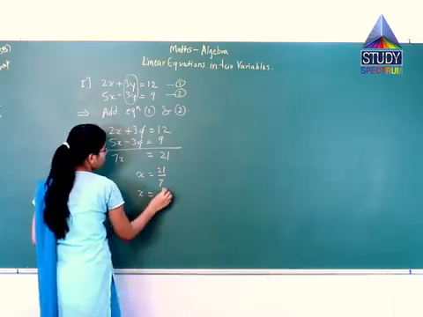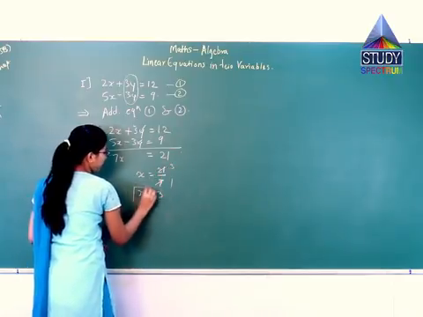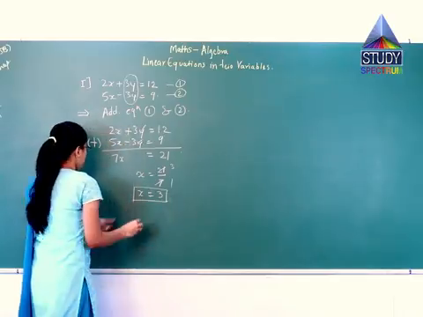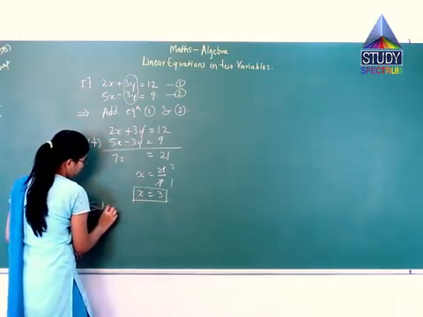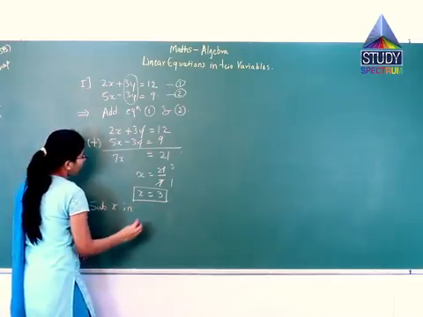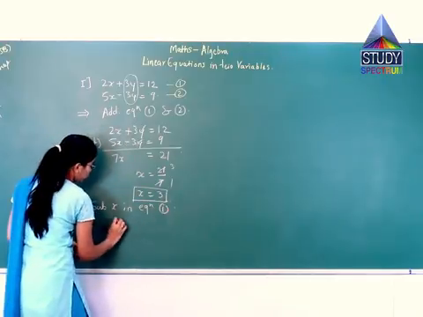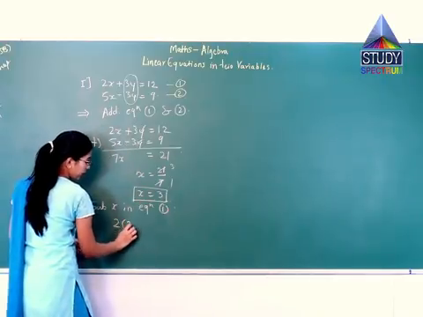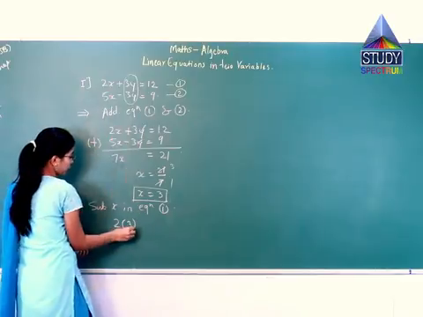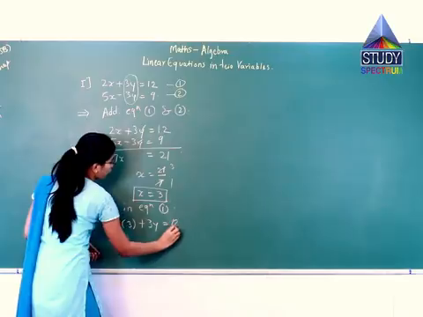So x is equal to, 7 1s are 7, 7 3s are 21, so 3. Substituting x in, say, equation number 1, we will get 2 into 3, instead of x I am substituting 3, plus 3y is equal to 12.